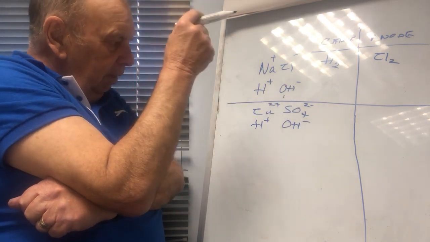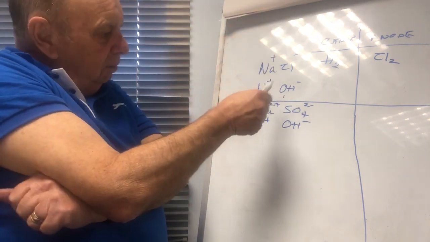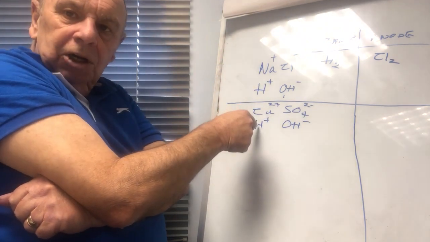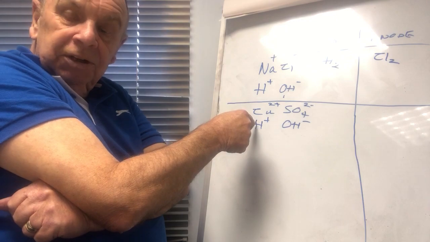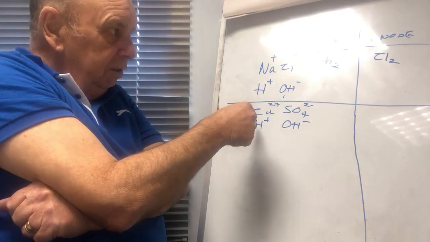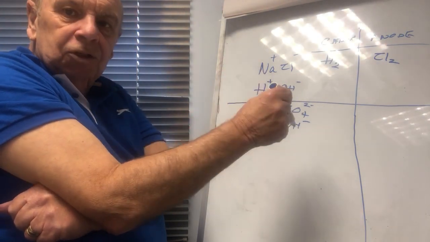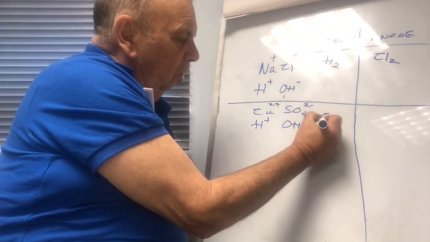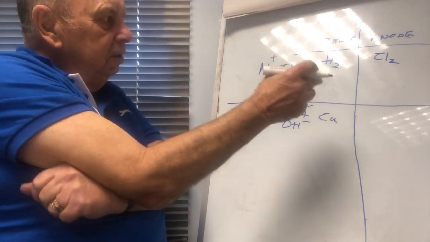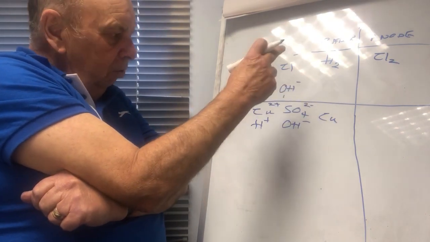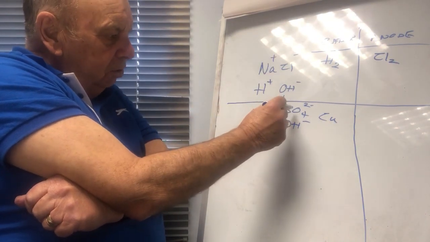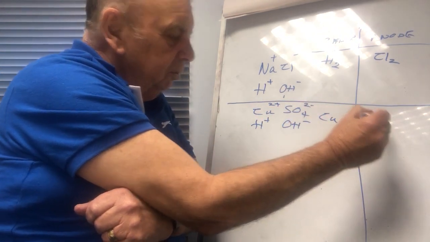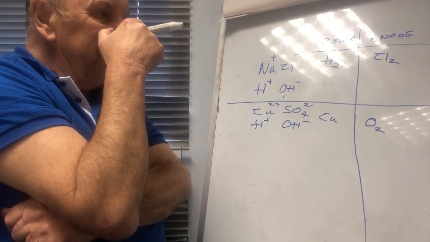Now, copper is found below hydrogen in the electrochemical series, and therefore when I electrolyse copper sulfate solution, I get copper deposited at the cathode, and this time I get oxygen liberated at the anode.